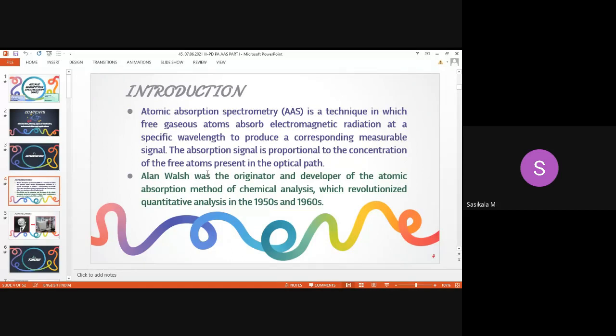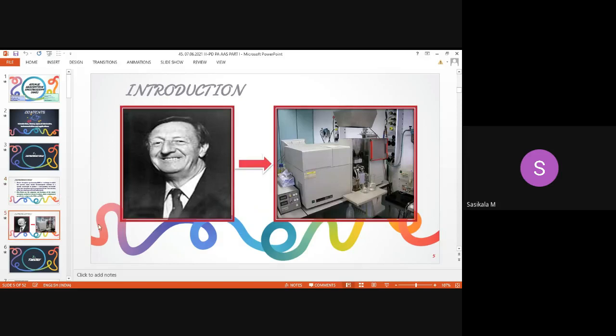Alan Walsh. Alan Walsh was the originator and developer of the atomic absorption method of chemical analysis, which revolutionized quantitative analysis in the 1950s and 1960s. Around 1955, it was developed by Alan Walsh, who also developed the modern atomic absorption spectrophotometer.